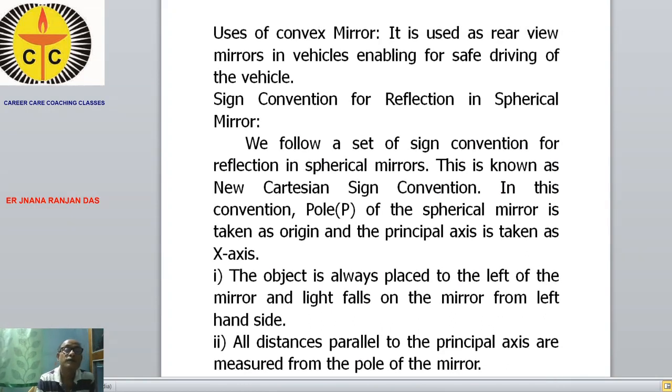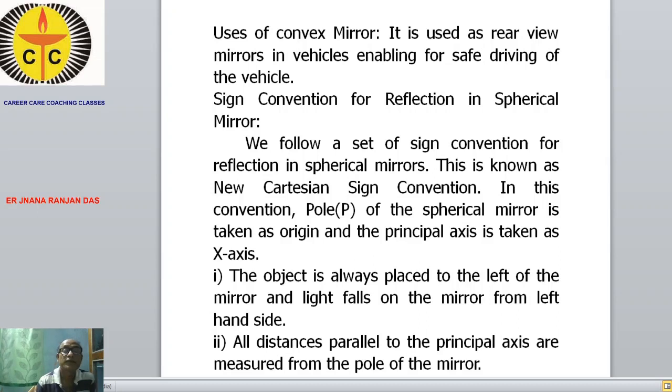What are the uses or applications of a convex mirror? It is used as a rear view mirror in vehicles, enabling safe driving. In every vehicle you see this mirror, to have a view of the backside and drive the vehicle.